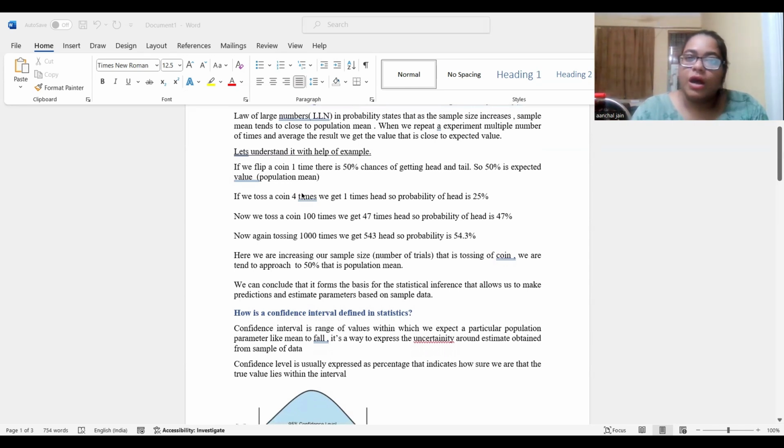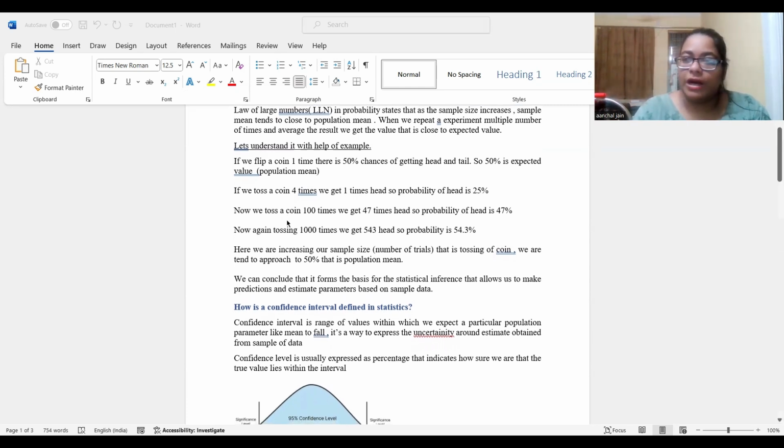Now suppose again we flip the coin, but this time we are flipping it 4 times and we get one time head. So the probability of getting one time head will be 25%, correct? Now let's toss the coin for 100 times. And suppose we get 47 times head.